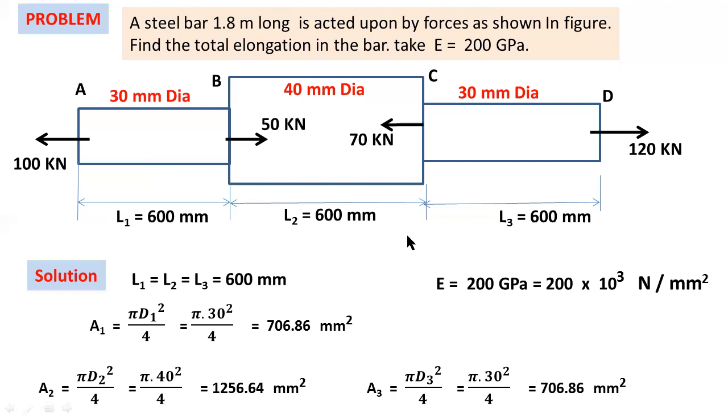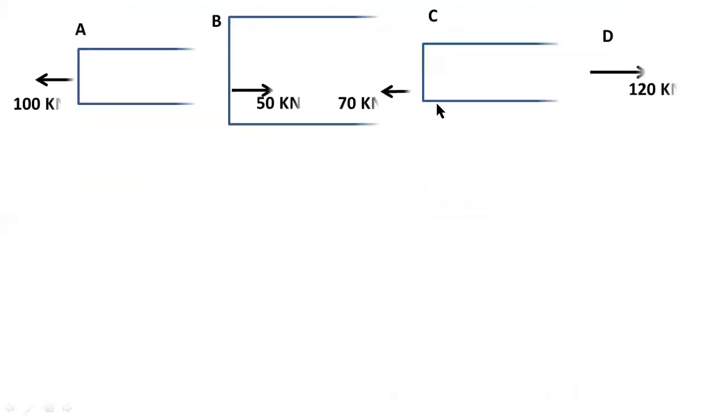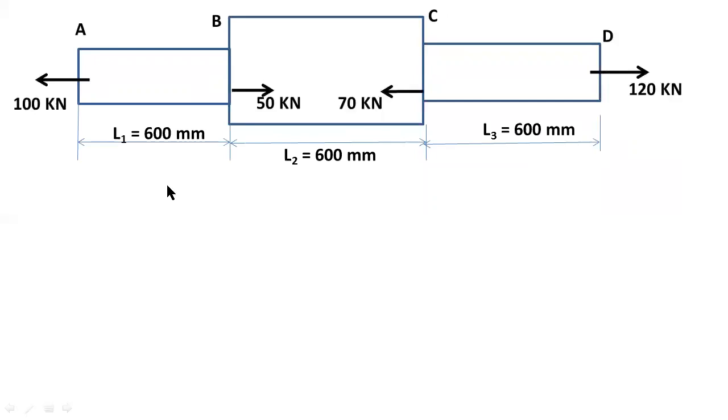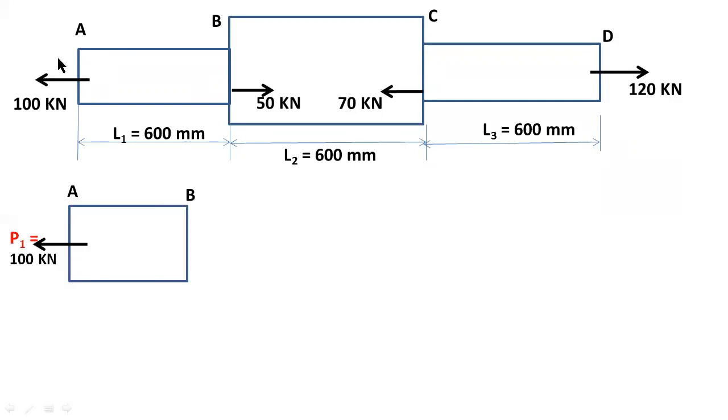Okay, this is the given diagram. First of all, you have to draw free body diagrams. Now I am considering this bar AB as section 1. At end A we have a 100 kilonewton load. I consider this load of 100 kilonewtons as P1.